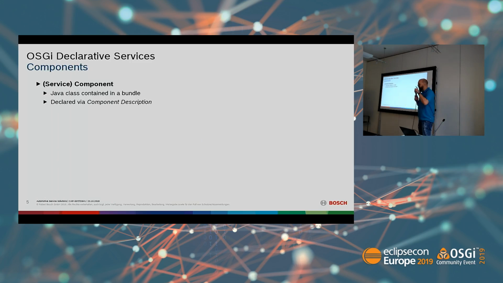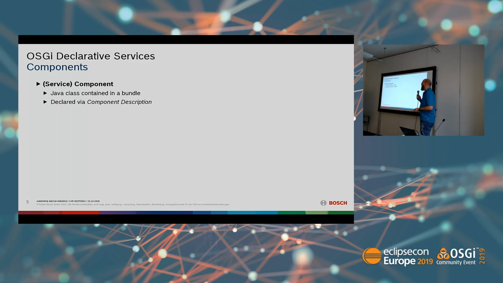If we're talking about declarative services, I want to start with some names. Because first of all, when you're working with DS, you're not talking about a service in first place, you're talking about a component. Yeah, so we have a component, and it's a service component because most of the components you're writing are services, but I'm coming to this later.